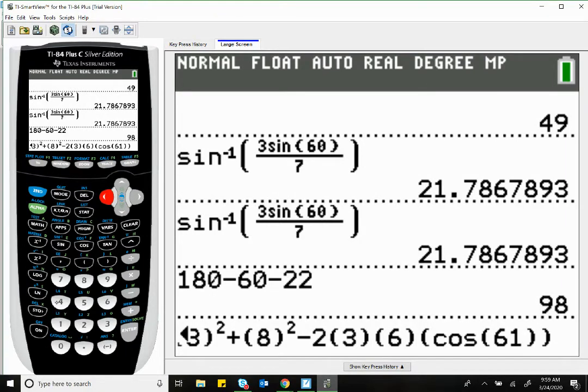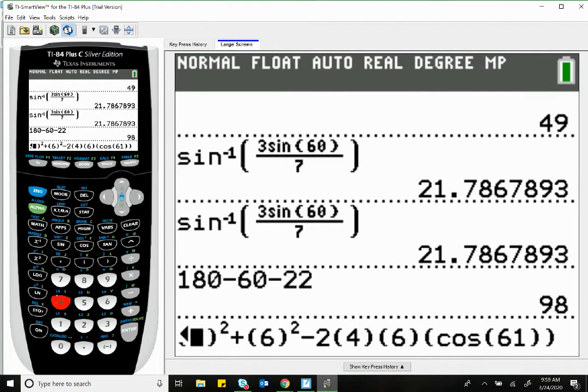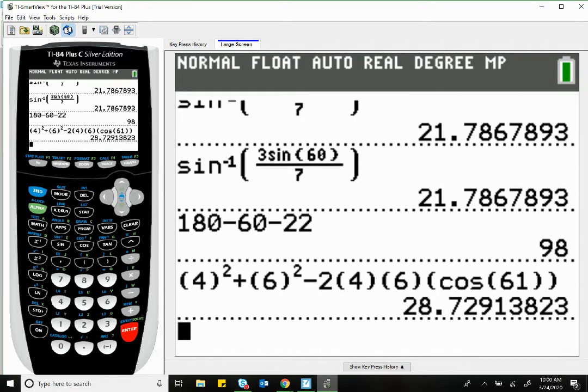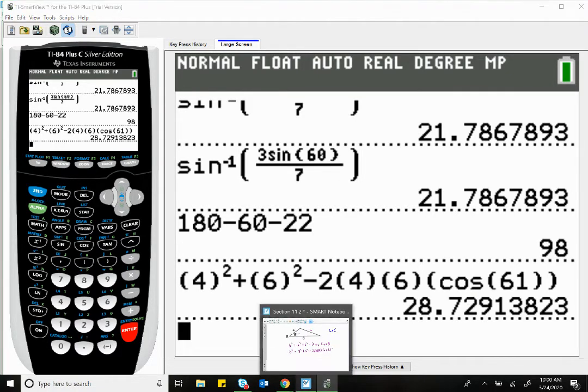Keep going back. 4. Probably would have been faster just to type it out. 6. And one more. 4. There we go. Enter. So rounding to the nearest tenth, the 2 says, hey, 7, stay the way you are.